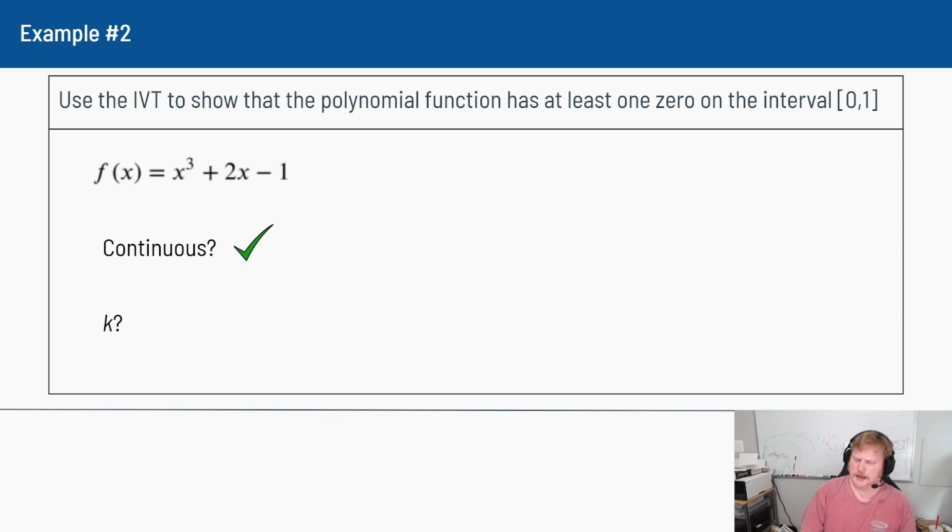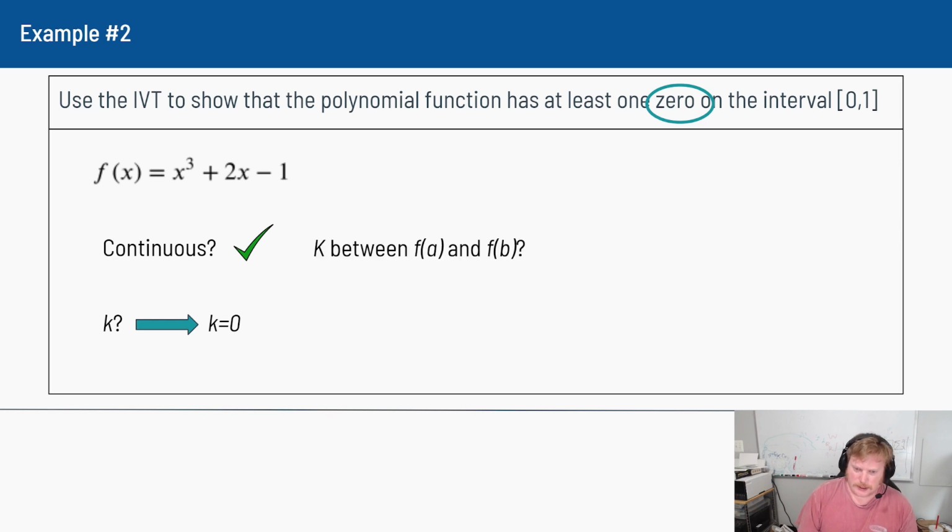What's the value of k that we're interested in? So the value of k is some output value, and if we reread the question, 0. We want to know if there is some number between 0 and 1 on the x-axis that will give me an output of 0. So 0 is the value that we're going to let k be.